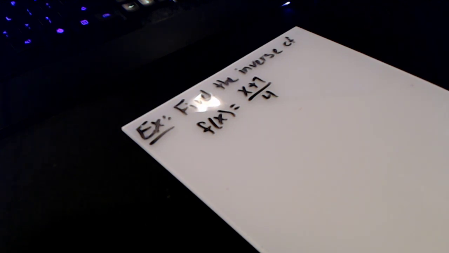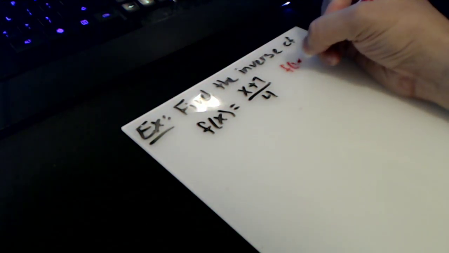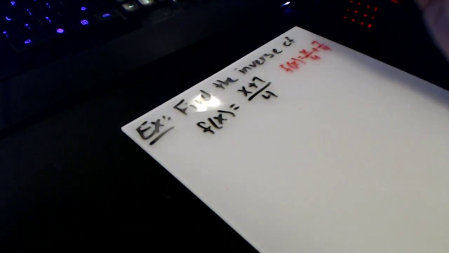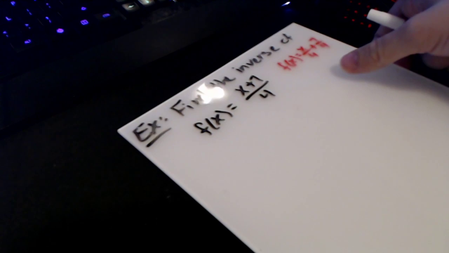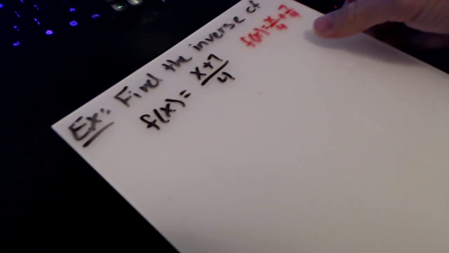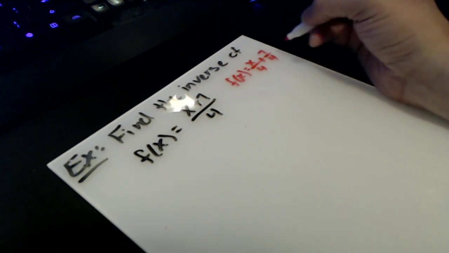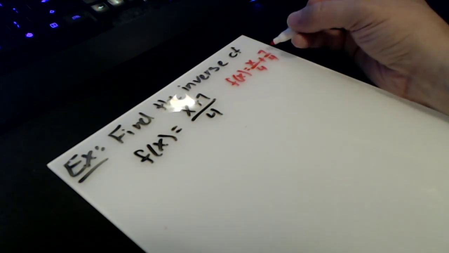If you think about this, you could rewrite it as f of x equals x over 4 plus 7 over 4. The reason this is important is that this is like 1/4 for your slope, so you're going to go up 1 over 4, up 1 over 4, and cross the y-axis at 7/4.